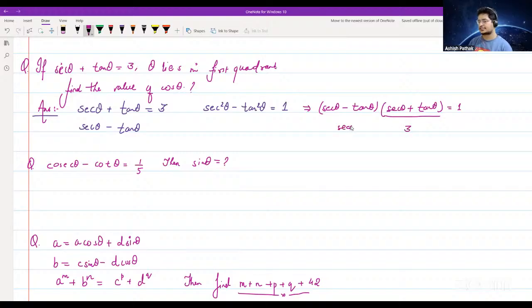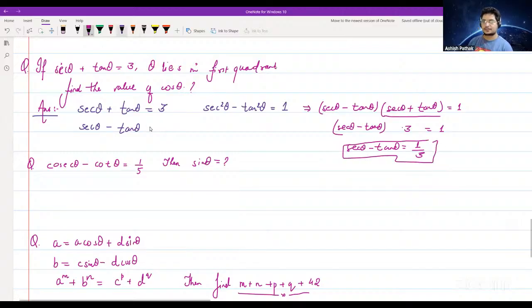So you will write sec theta minus tan theta times 3, which is equal to 1. So you will get sec theta minus tan theta equal to 1 over 3. Understood? Correct?